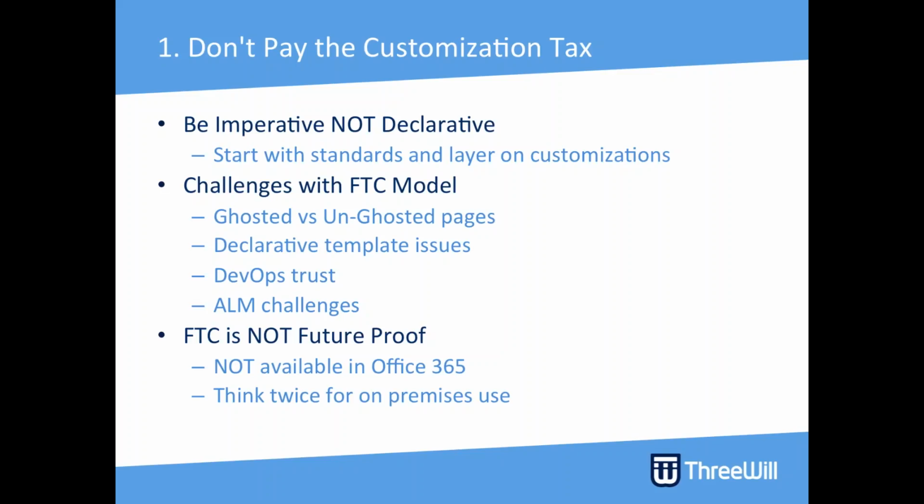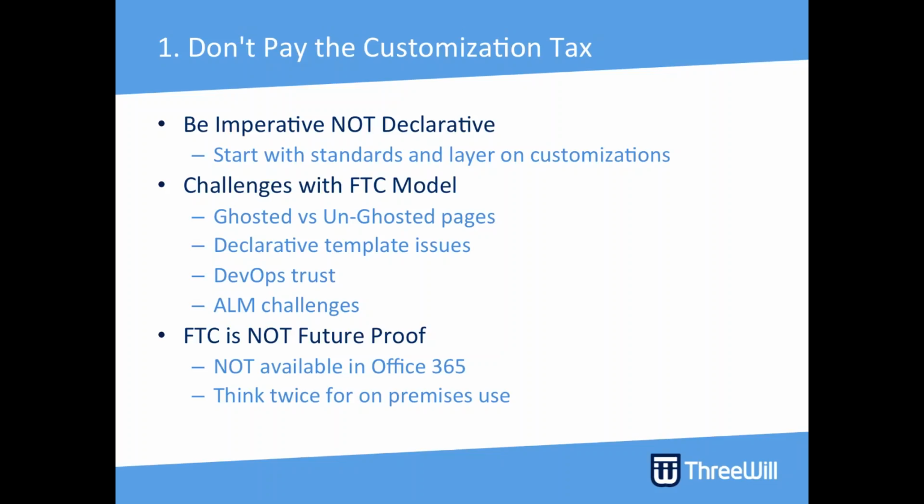The challenges with the FTC model, the full trust code model, if you're developing in C#, are that you typically have to deal with, and this may be a strange phrase to someone relatively new to SharePoint, ghosted and unghosted pages. If I have a file on disk and I'm looking at a template that's based on disk, I don't have access to those anymore.